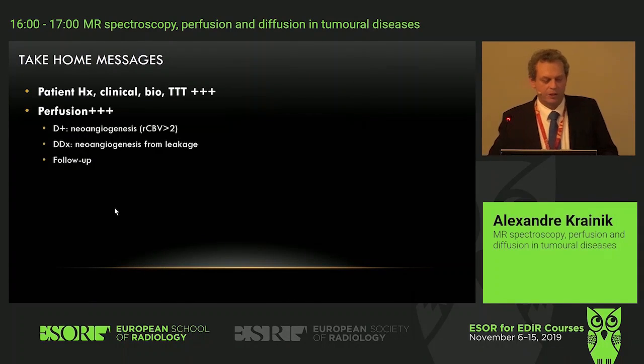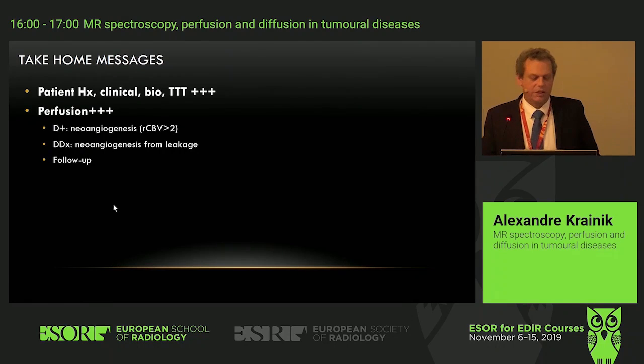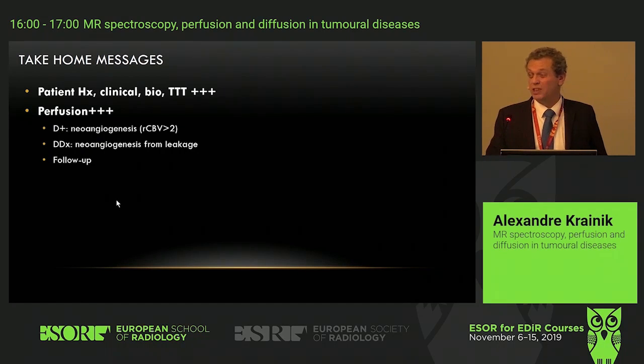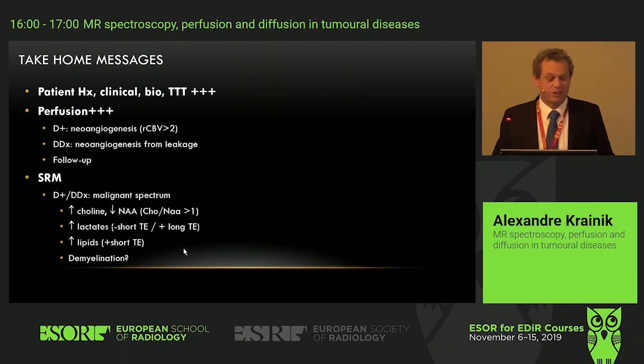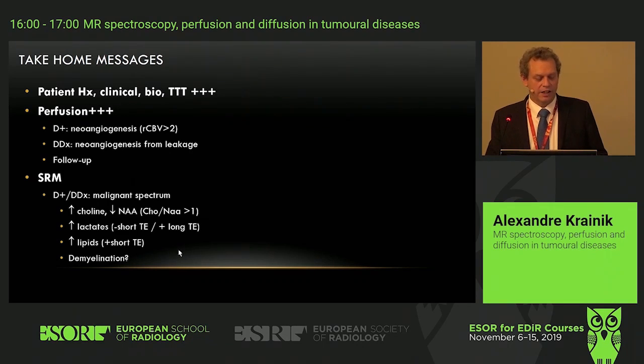Okay, then remember, patient history, always the same. What about the treatment, especially when you have to follow a patient? Perfusion is very interesting to identify neoangiogenesis and to try to distinguish it from leakage. Spectroscopy is quite a bit tricky, but it's very useful to try to discuss diagnosis and to distinguish tumors from other lesions.